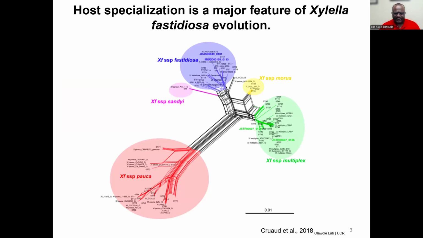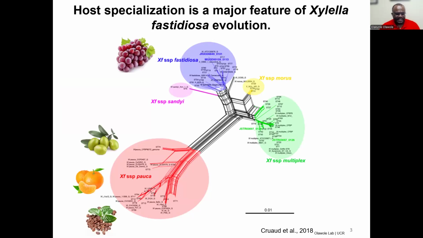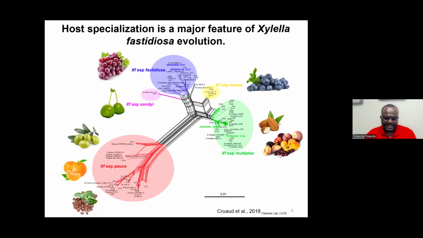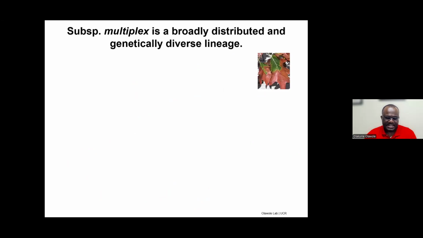These subspecies range from fastidiosa, which exclusively infects grapevine, to pauca, which infects olive, citrus, and coffee, to multiplex, which has a pretty broad host range, including plum, almond, peach, shade trees, and also morus and sandyi. So host specialization has shaped diversification across Xylella fastidiosa, producing the broader context for studying diversification within the subspecies multiplex.